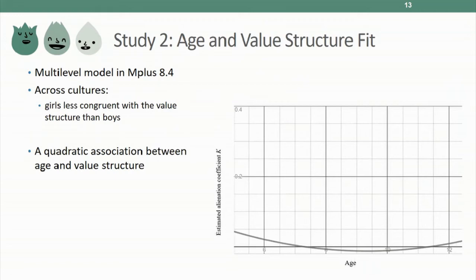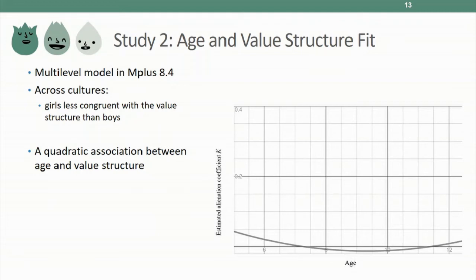And this is what we found in general. We found a quadratic association between age and value structure. So that's not what we expected. What we did expect is this negative association over here. That negative association says that at the beginning of middle childhood, the older the children are, the more likely they are to be in line with the circle.